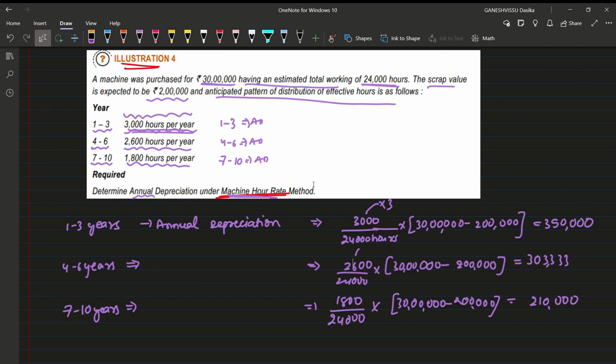This is how you determine annual depreciation using the machine hour rate method.